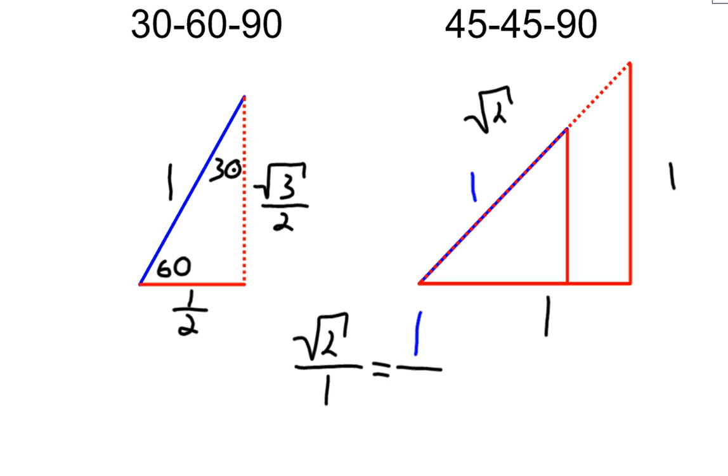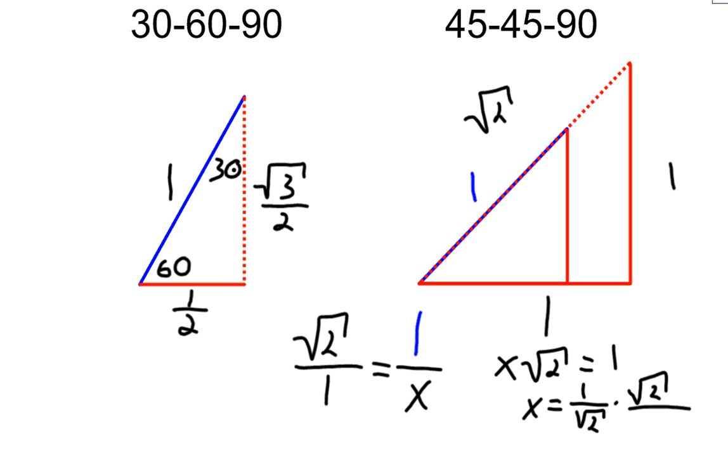So what will that make my side lengths? I cross multiply and I get x square root of 2 is equal to 1. Solving for x, I get x is equal to 1 over the square root of 2. I don't want an irrational number in my denominator, so I rationalize. And then what I get is x is equal to the square root of 2 over 2.